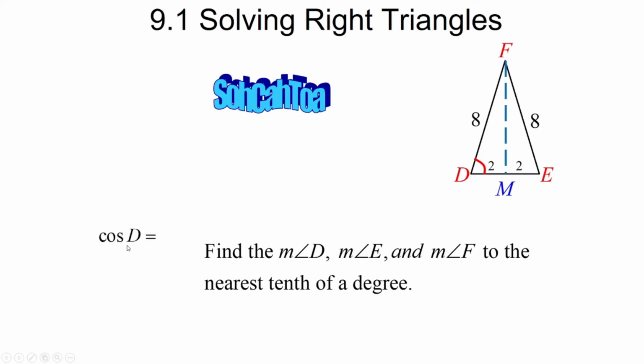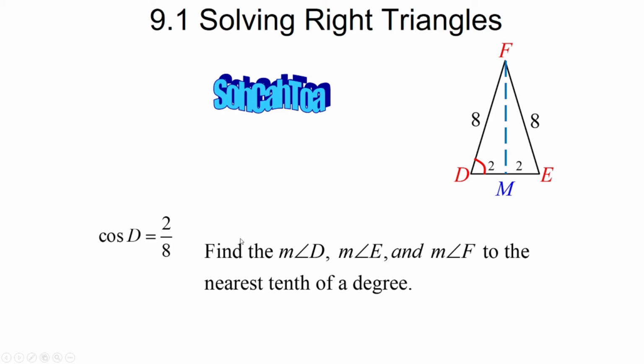So cosine of angle D is, and my trig ratio again, cosine is adjacent to hypotenuse. 2 is adjacent, and the 8 is the hypotenuse. Now you could reduce that, but we're going to use our calculator anyway here, so let's just leave it 2 over 8.